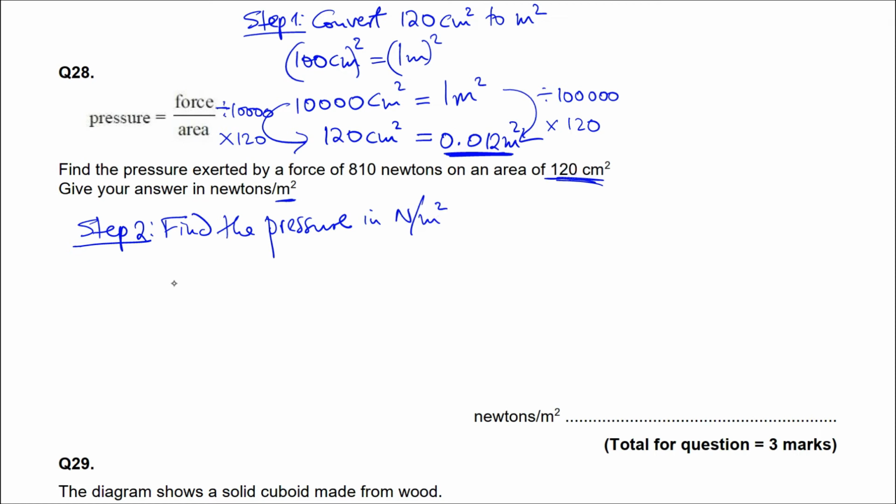To do that, we just use the formula, which will be equal to force, which is 110, over area, which is 0.012. If you plug that in the calculator, that will be 9,166.67, and that will be the required solution.